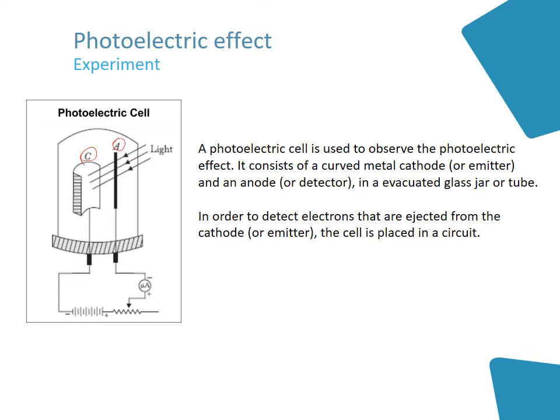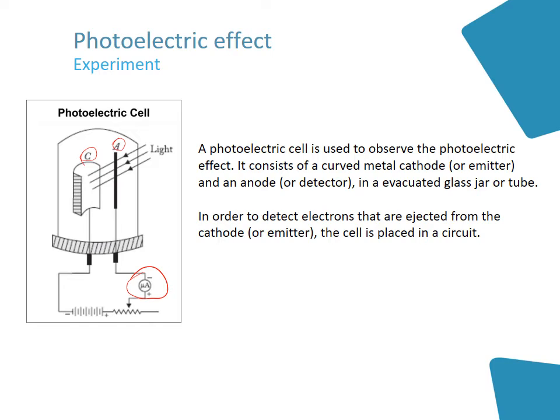Now, to be able to measure what's happening here, the photoelectric cell needs to be placed into a circuit. And that way we can actually use a really sensitive ammeter down here as part of our circuit to actually detect whether or not we have a flow of current. So you remember that current is a flow of negative charge, which is made up of electrons.